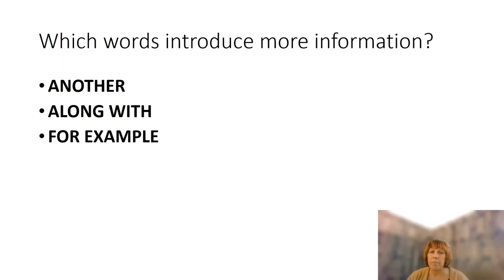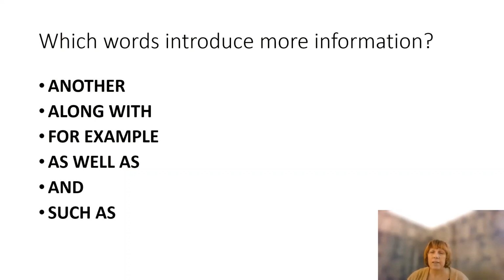For example, as well as, and, such as, and also. So practice using those words in your writing to introduce more information, as well as reading a text and locating, that's another word for finding, those words.